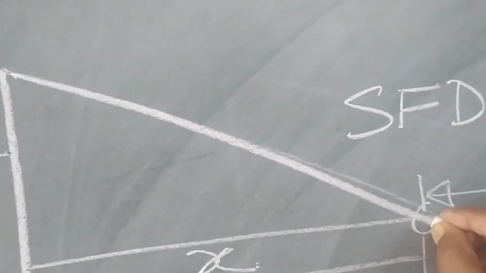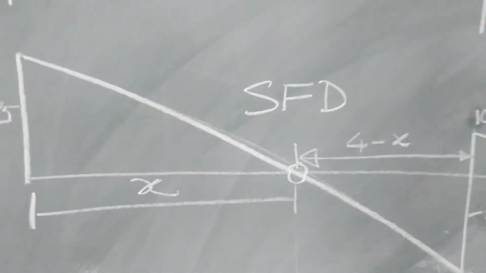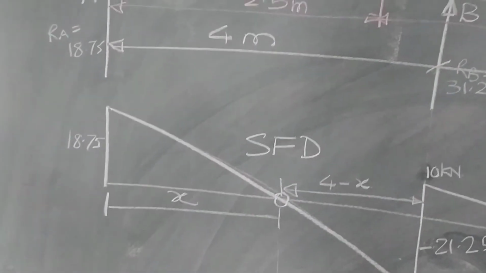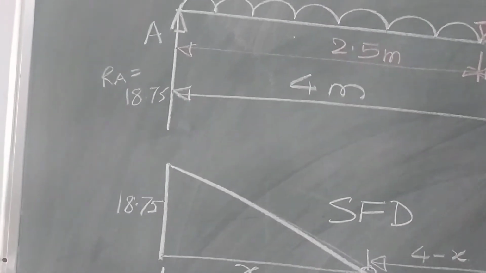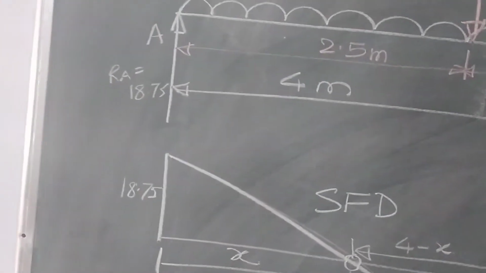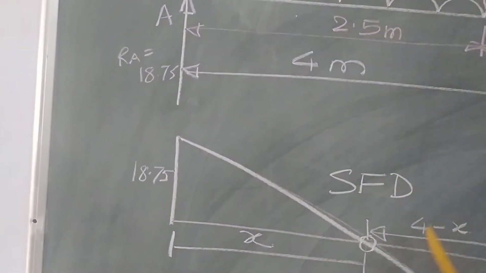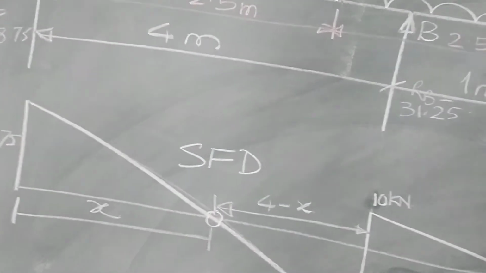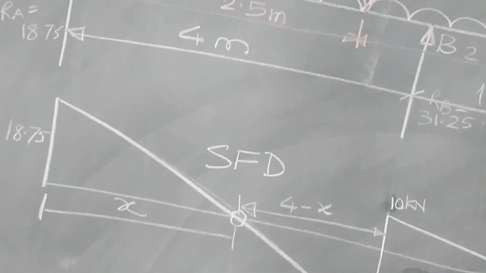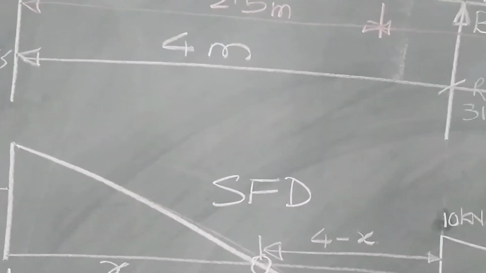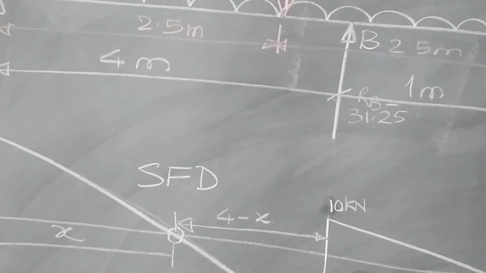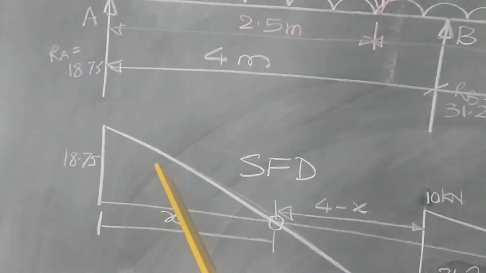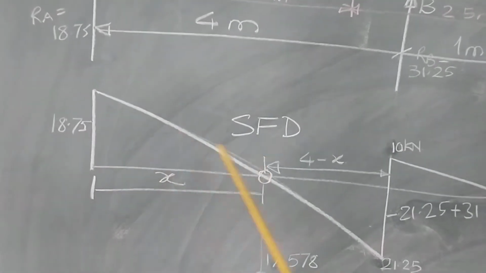Now what is this? This is the point of contraflexure. You have to solve this. This is your assignment. You have to calculate this. I have already calculated it and will readily use it, but it is your assignment to calculate X. Now how to calculate X, I will explain. Consider similarity of these two triangles.